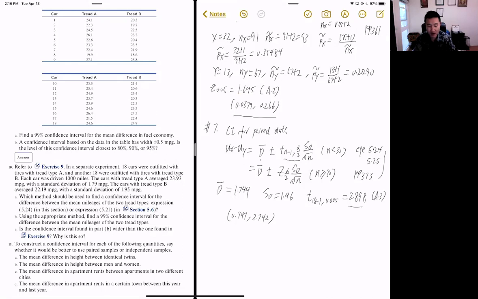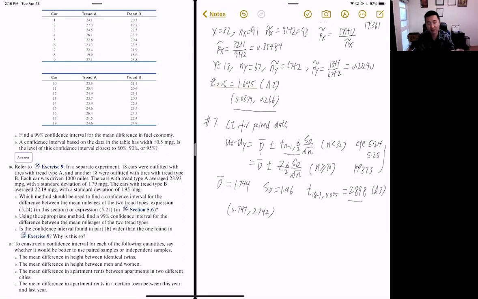So what equation should we use then? This is not paired data, but the question asks for the confidence interval for the difference between two mean values, one for tread A and the other for tread B. That is a confidence interval for the difference between two means. Looking at the sample size of 18 cars, it is a small sample.